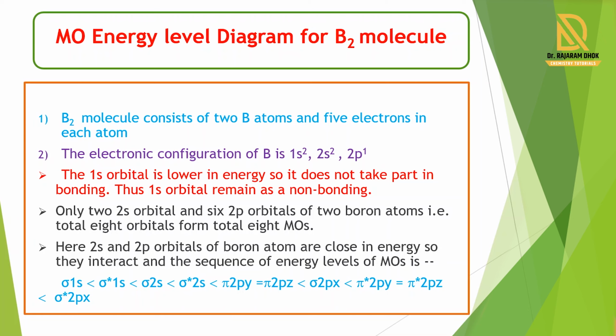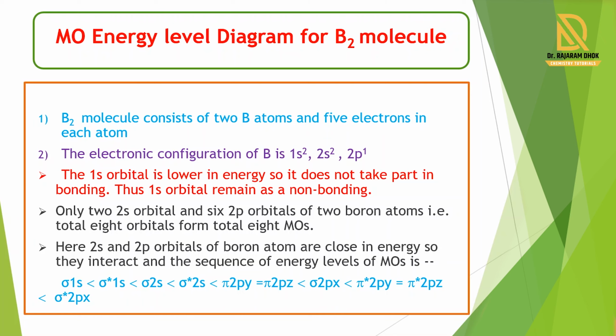So only the two 2s orbitals and six 2p orbitals of the 2 boron atoms, totally 8 atomic orbitals, combine and form 8 molecular orbitals.